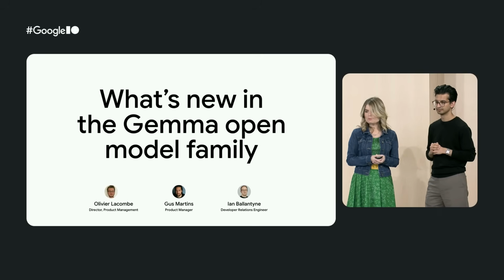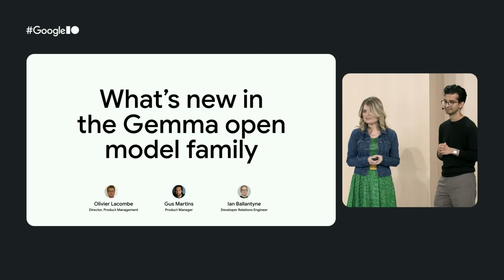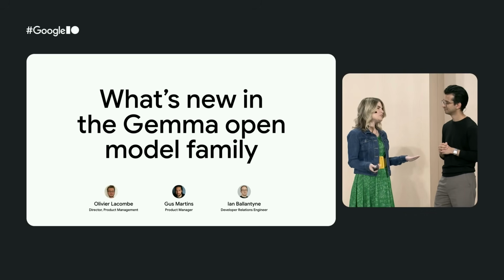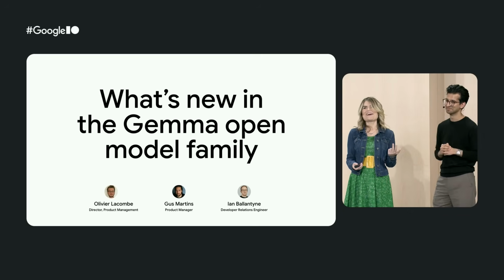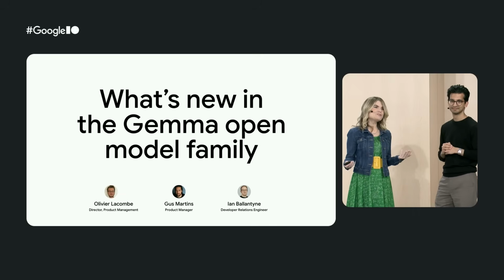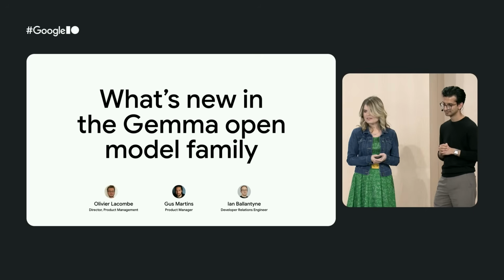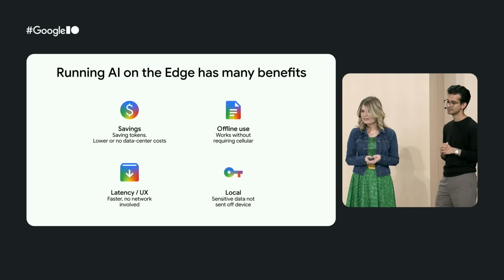And if you want to learn more about the Gemma open model family, make sure to check out this session with Olivier, Gus, and Ian, also later this week. We've also been really blessed to have strong partnerships with the Unsloth community, with Ollama, and many others like Kaggle to bring these Gemma models into the world. And it's only the beginning for what's possible with Gemma 4.